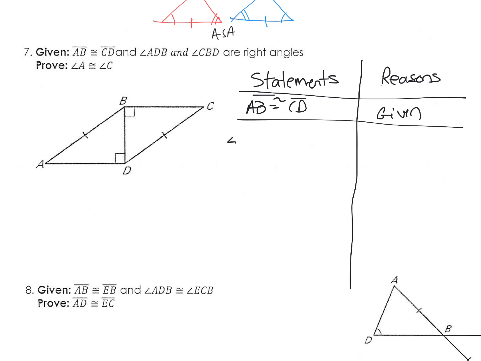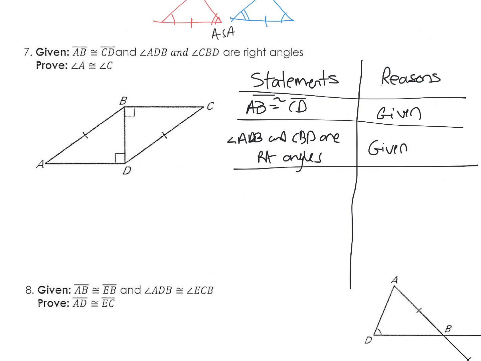They then tell me angle ADB and CBD are right angles. That's a given. Now, what's important here is that we can identify that this is a reflexive side. So BD is congruent to BD by the reflexive property of congruence.